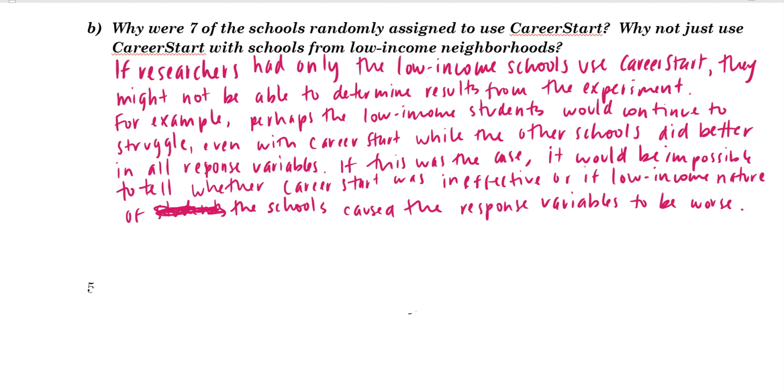Because if I have a situation like this, then I might wrongly conclude Career Start doesn't work when in reality maybe it is effective, maybe it does help. And so whenever I have a badly designed experiment, which in this case, if I had done this, that would be a bad experiment, then I can have something occur called confounding.